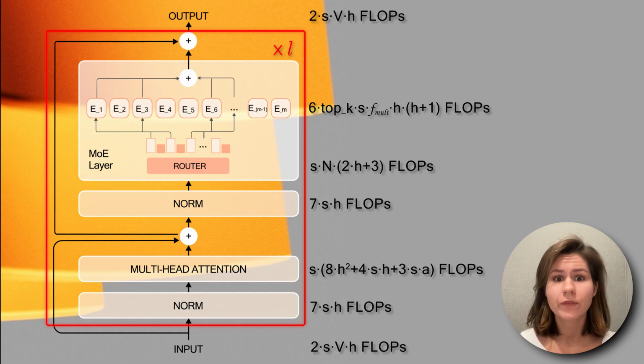Decode stage will be very similar, but there we will focus on processing one token at a time instead of the full sequence. Well, this is true for all the layers except for one, which is called attention.